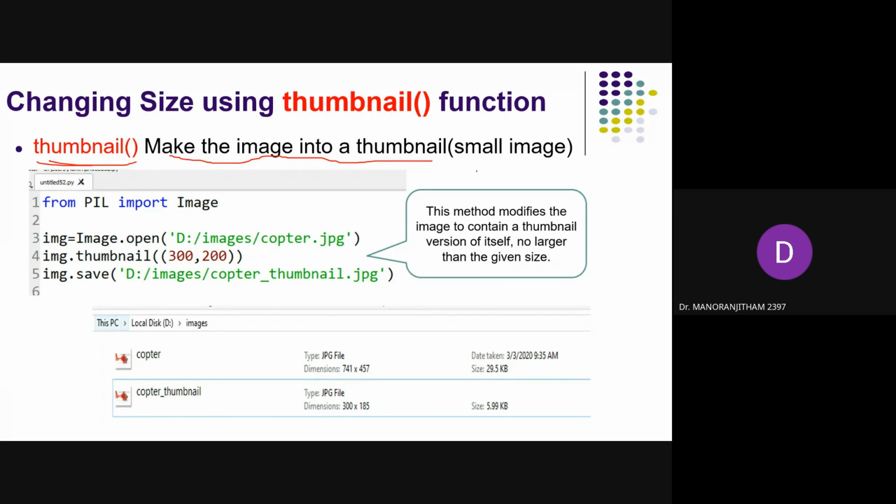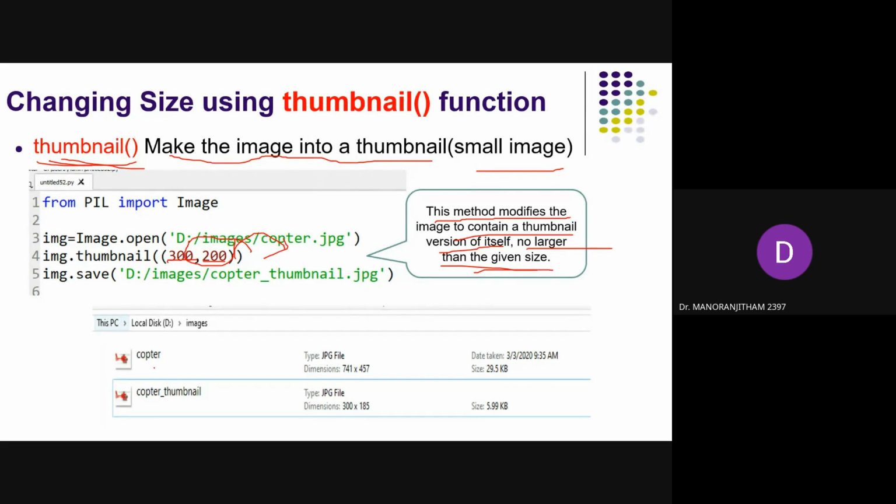That means if you want to scale down or minimize the size of the images, you can go with thumbnail. This method modifies the image to contain a thumbnail version of itself, but the size will be no larger than the given size. If I mention 300 by 200, it will shrink within 300 by 200, but it won't go more than that.